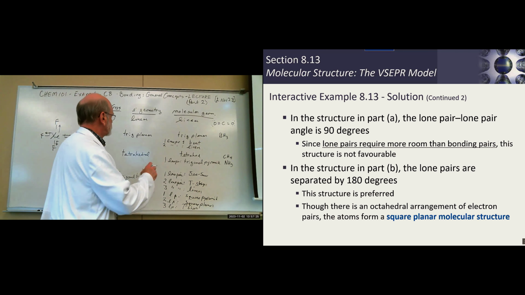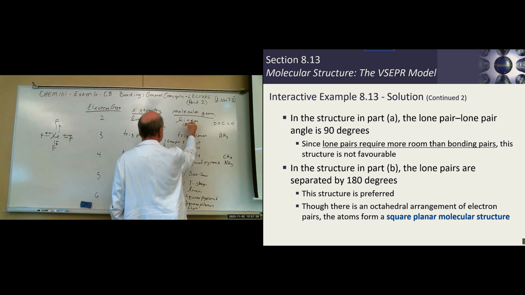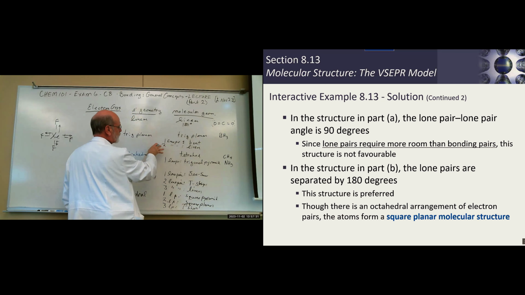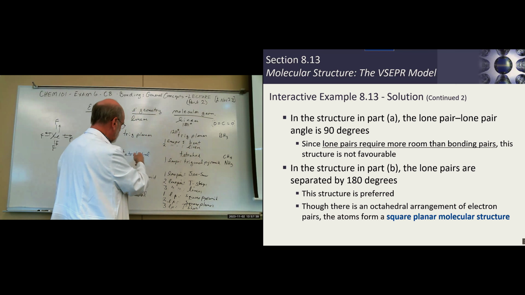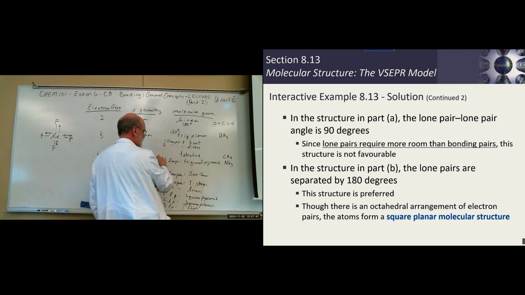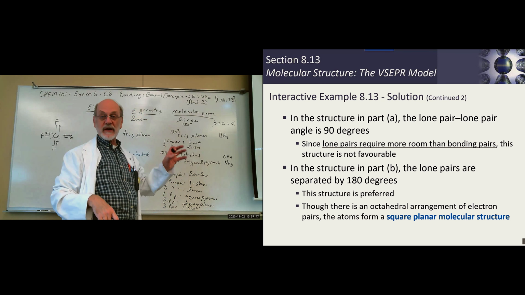I probably should. This bond angle is going to be 180 degrees. Trigonal planar, of course, is going to be 120 degrees. That's the only possibility. Tetrahedral is 109.5 degrees with modifications for lone pairs.